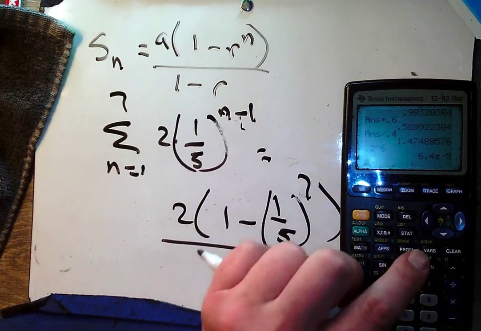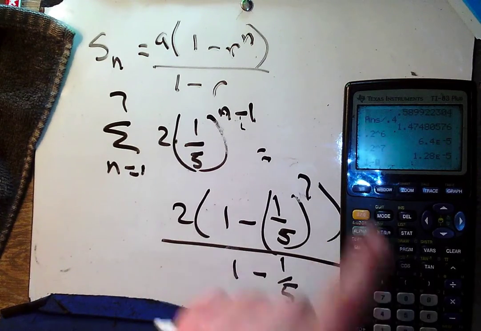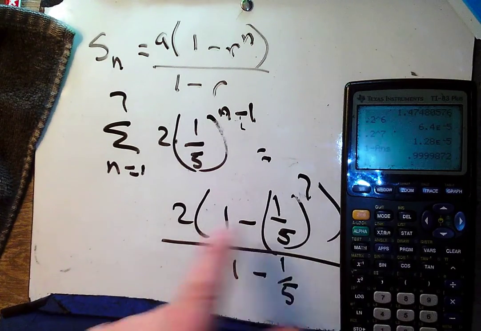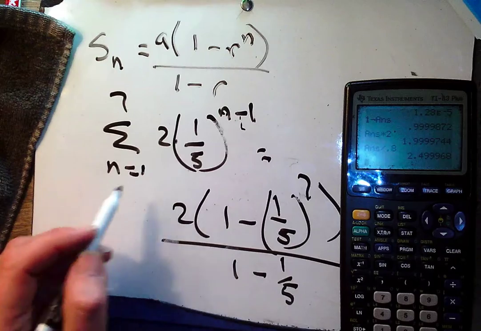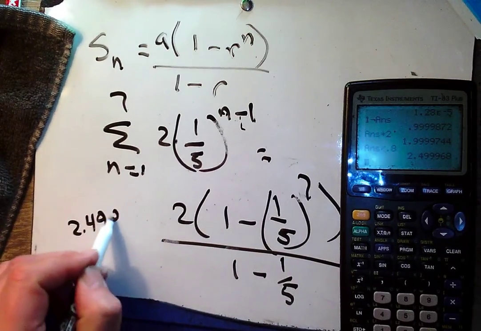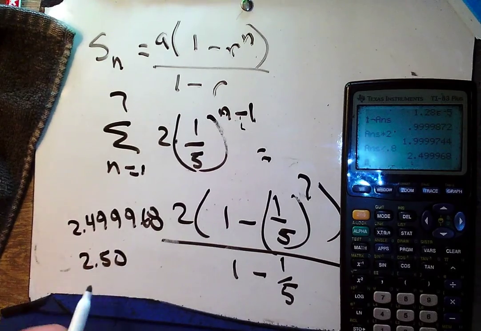Okay. 0.2 to the 7th, 1 minus that number, times 2, divided by 4/5. I get 2.499968, or 2.50.